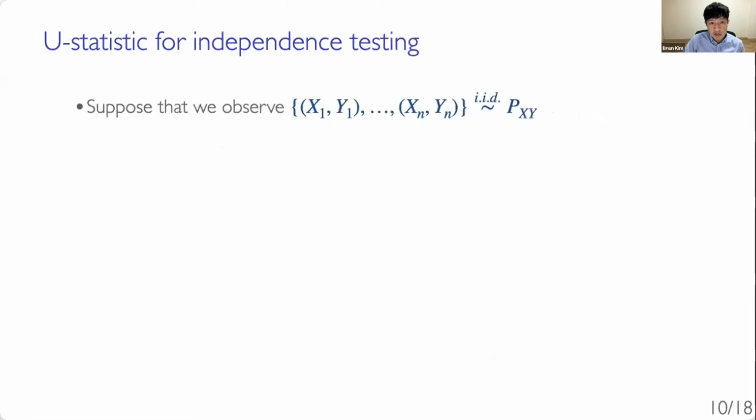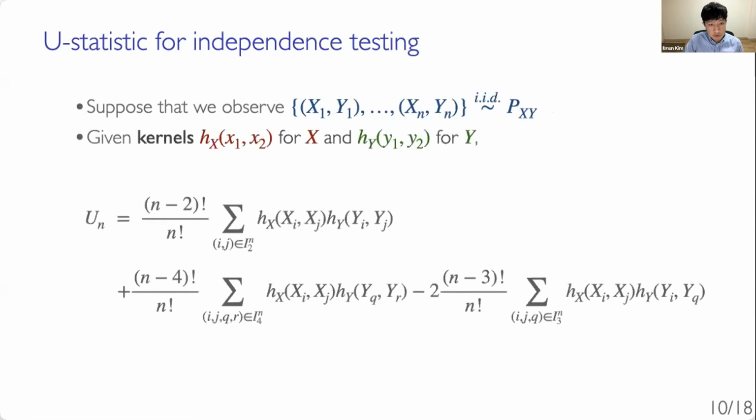And we can similarly define a statistic for independence testing. Now suppose that we observe IID pairs of X and Y from a joint distribution P sub XY. Then given kernels h_X for X and h_Y for Y, we can define the U statistic for independence testing as follows.